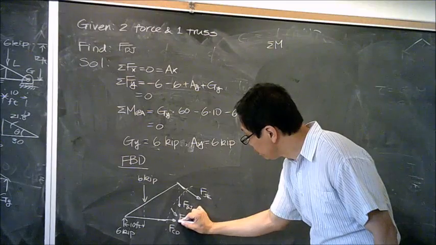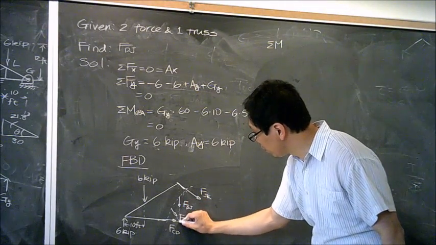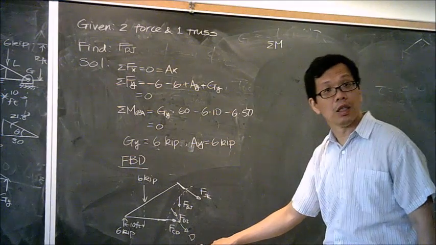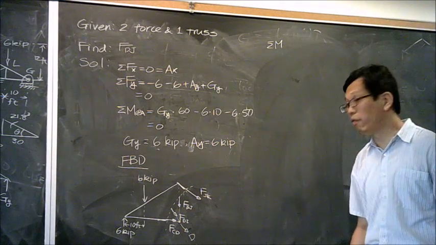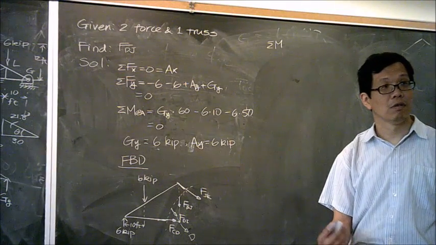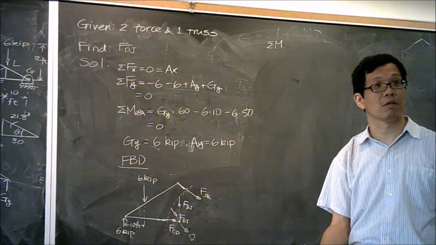Why? Because all those three forces are going to point to D, which means the moments for FDJ, FDI, and FCD are equal to what? 0. Does that make sense?